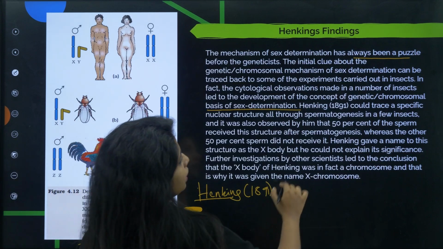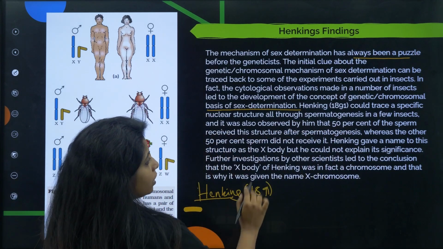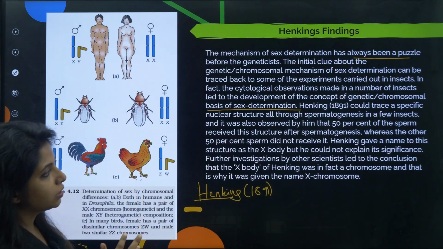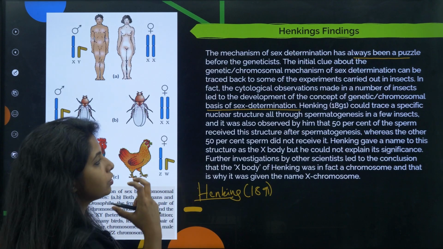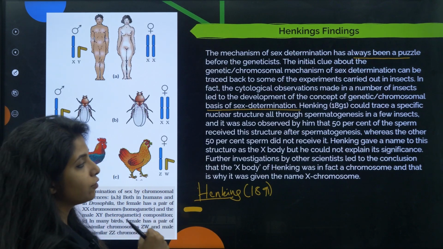1891 could trace a specific nuclear structure all through spermatogenesis in a few insects, and it was also observed by him that 50% of the sperm received the structure after spermatogenesis.